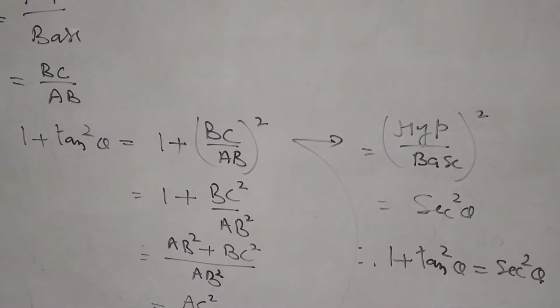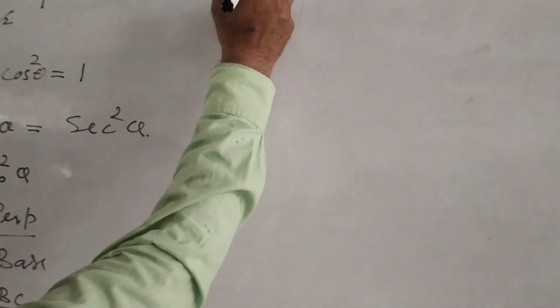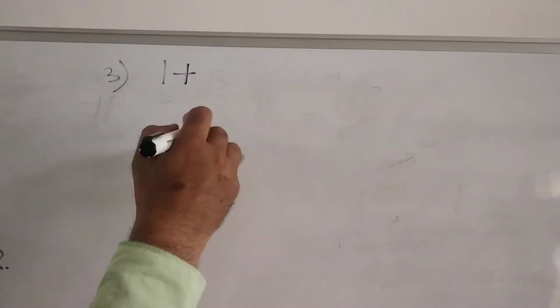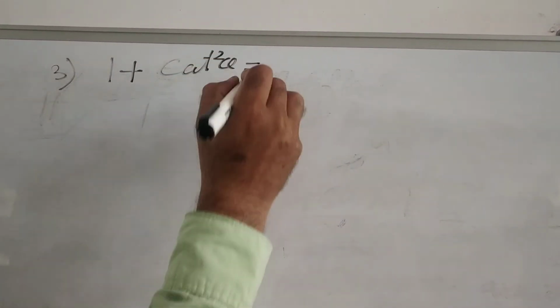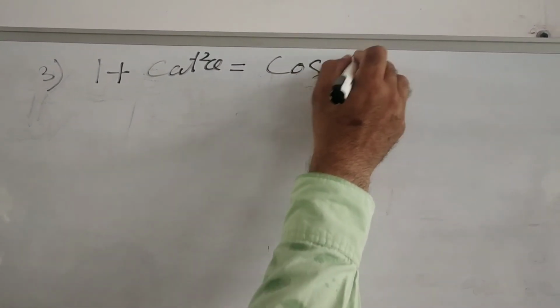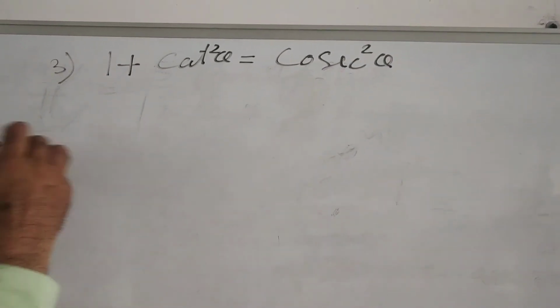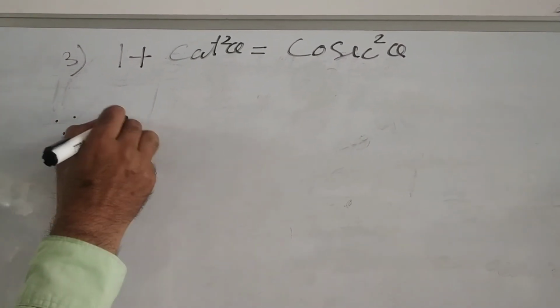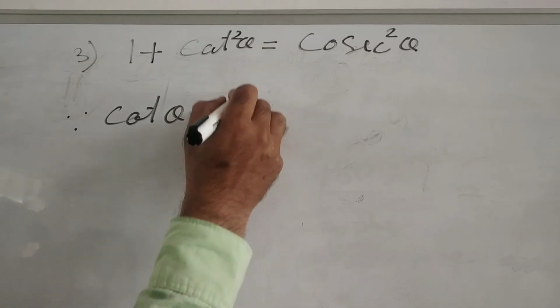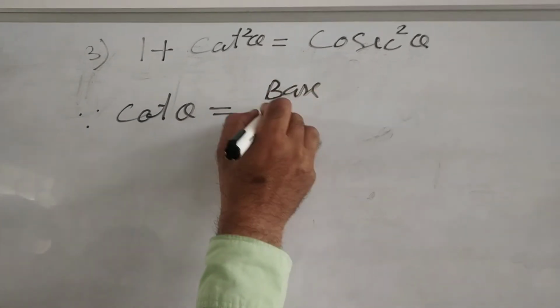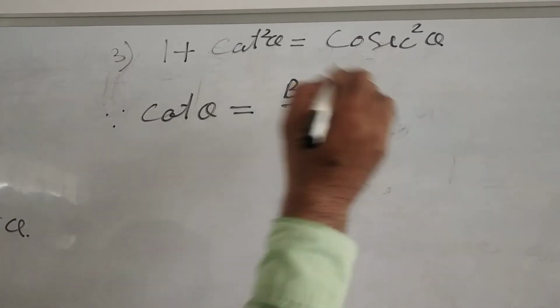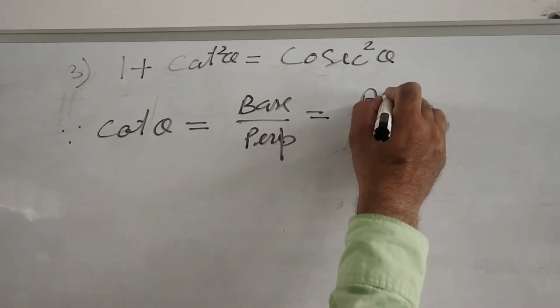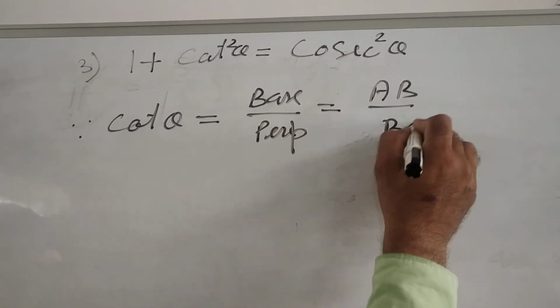Now similarly take the third identity, that is 1 plus cot square theta is equal to cosec square theta. First of all, calculate the value of cot theta. Cot theta is base over perpendicular, which is equal to AB over BC.